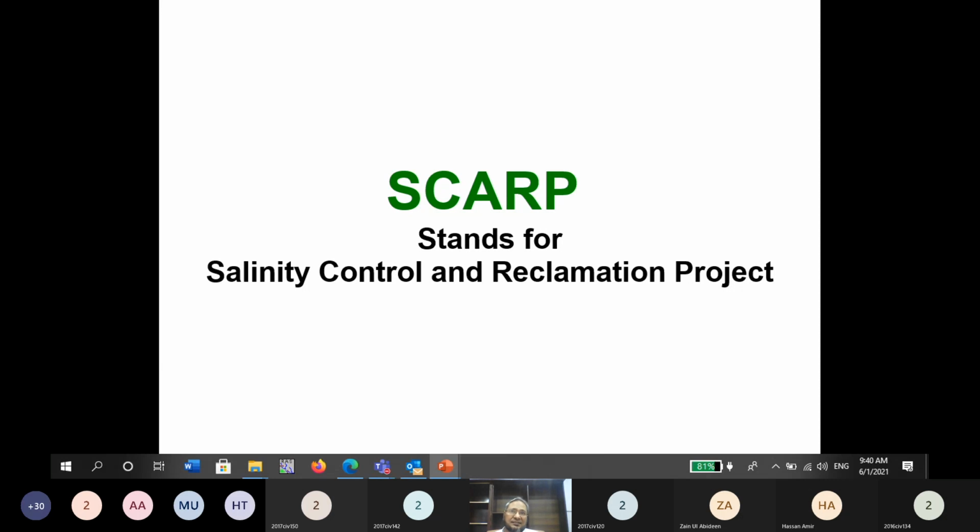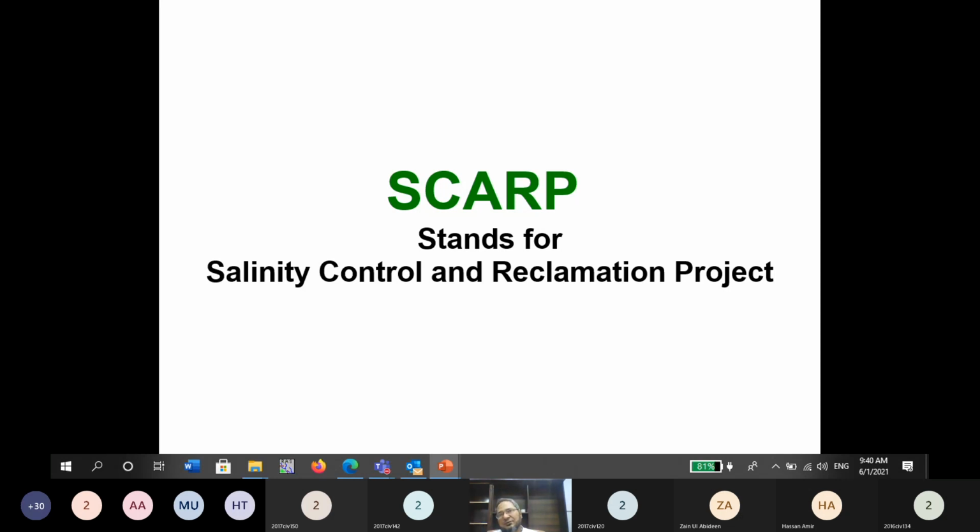To provide the drainage, surface drainage and subsurface drainage, to lower the water table. waterlogging को ख़त्म करना था और दूसरा salinity को कंट्रोल करना था. तो salinity control by leaching and by other means, maybe by lift irrigation, by providing tube wells.